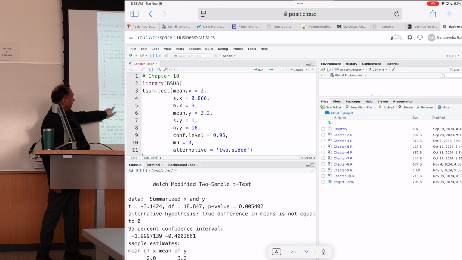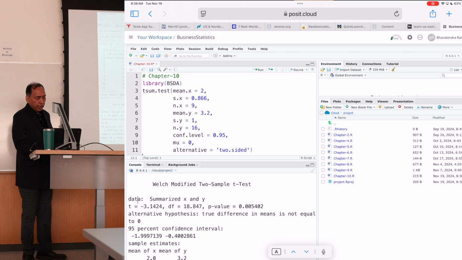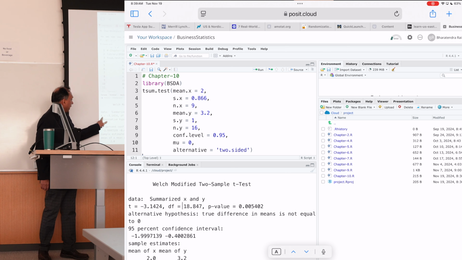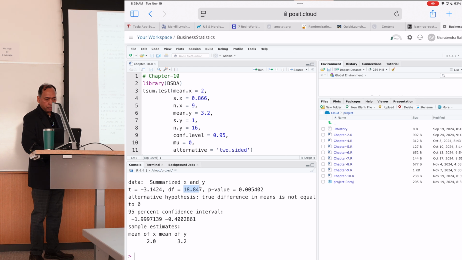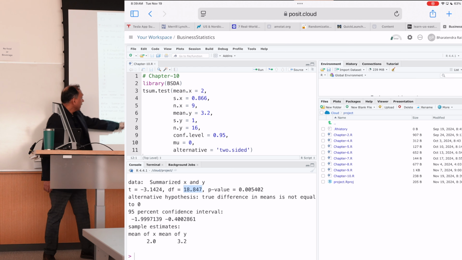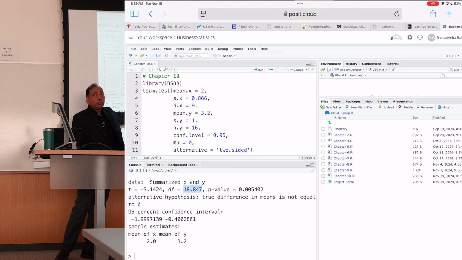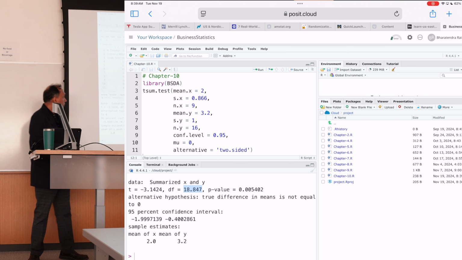So this is called Welch modified two-sample t-test. And it summarizes the data for x and y variables. It finds t-value, degrees of freedom, 18.847. Ultimately, you get a p-value based on which we can decide whether they are similar or not, and p-value is quite small.